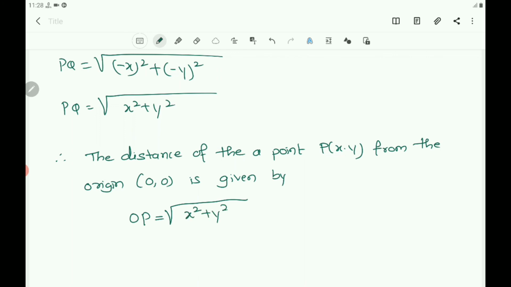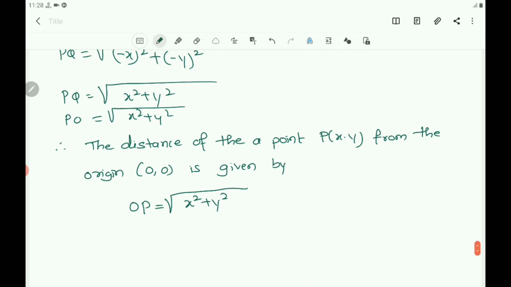Here Q is O, so PO is x square plus y square, that is OP equals whole root x square plus y square.